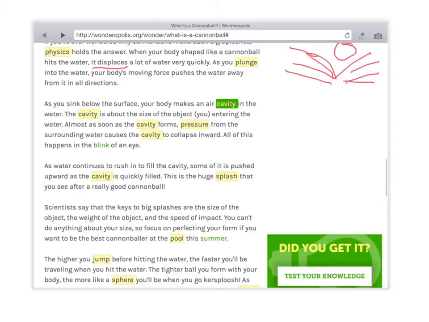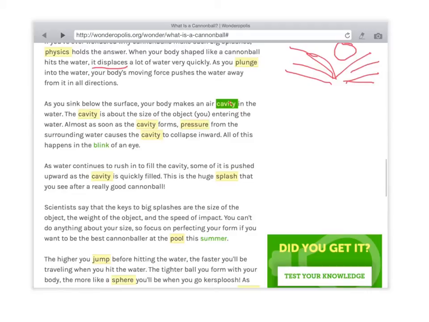Almost as soon as the cavity forms, pressure from the surrounding water causes the cavity to collapse inward. So then pressure makes this hole fall inside. All of this happens in a blink of an eye.